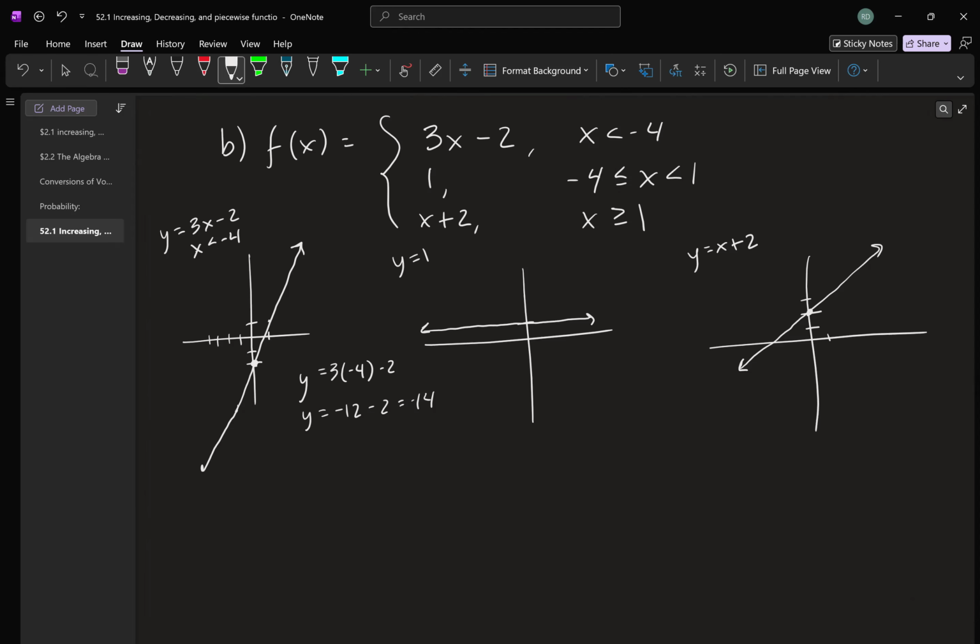So we get -4, and I'm just going to say this down here, open circle is -4, -14, so I don't have to draw all the ticks. And we're only going to take things to the left. So we're going to cross out everything that's not to the left. So it's only this little area down here.